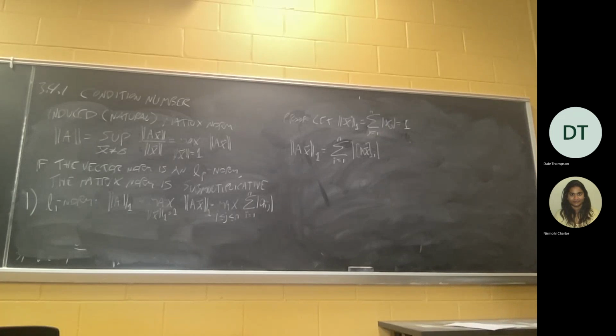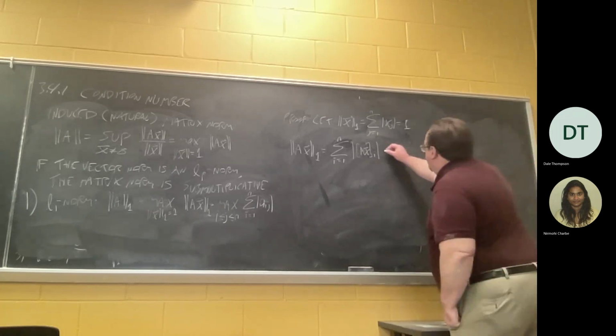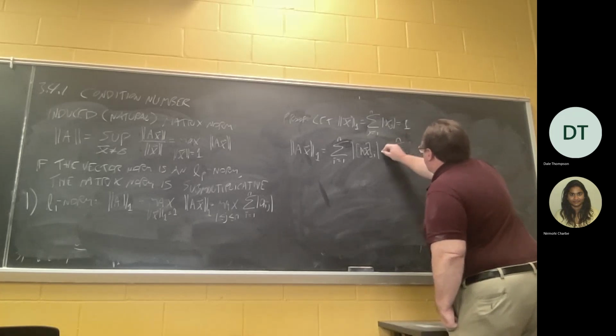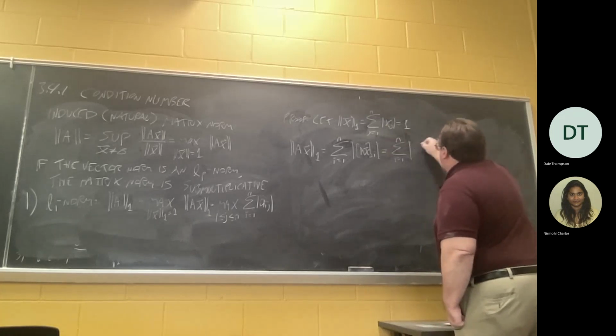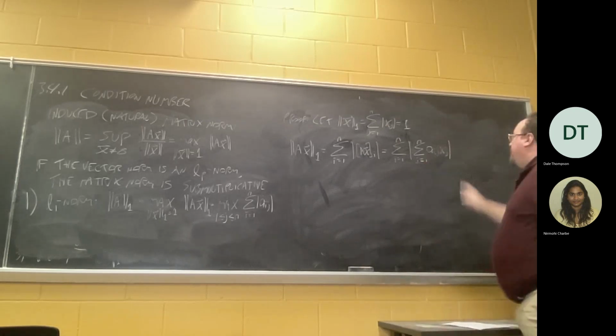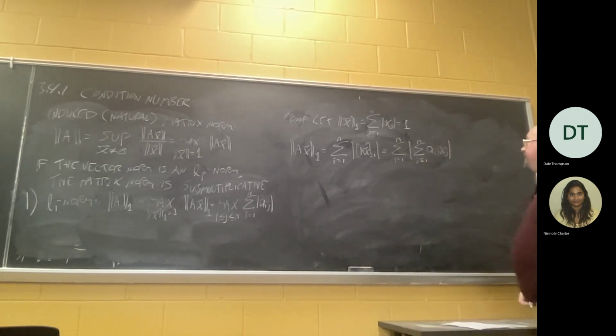Now I'm going to write those components using the formula for matrix vector multiplication: the sum over j of Aij xj is component i.